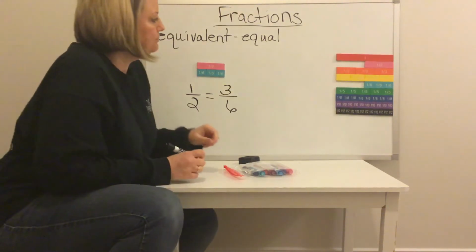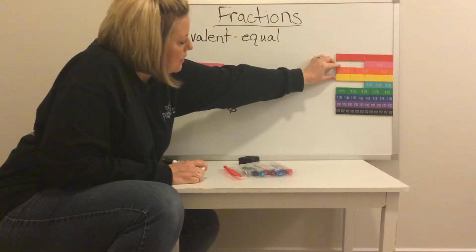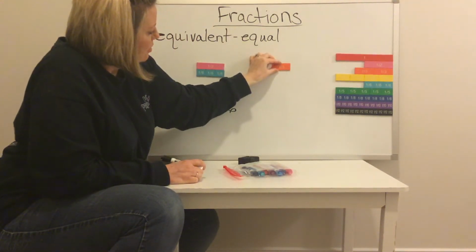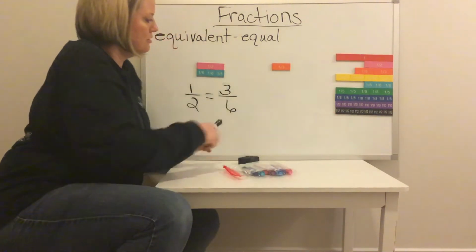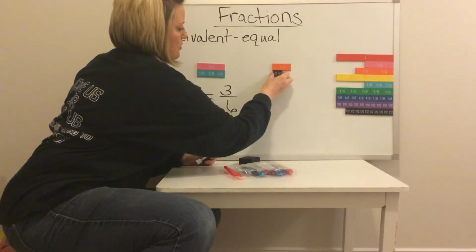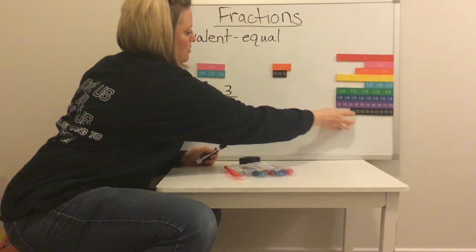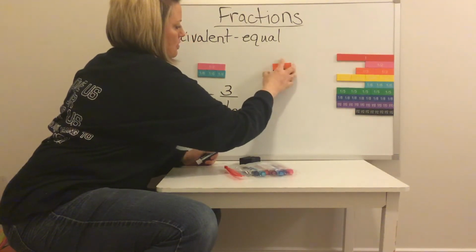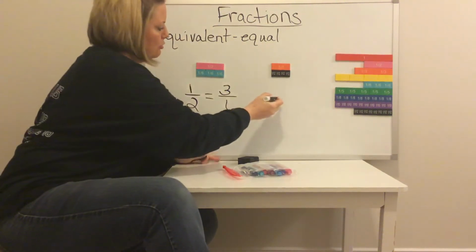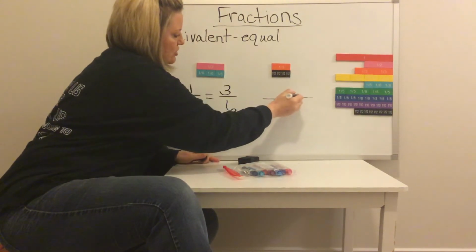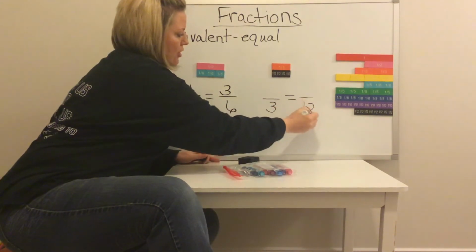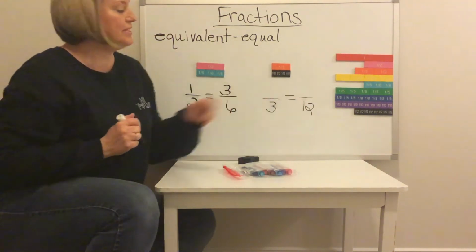Let's look at another one. Okay, you might have that, and then below you might see two fractions whose denominators are both there, but the numerators are both missing.